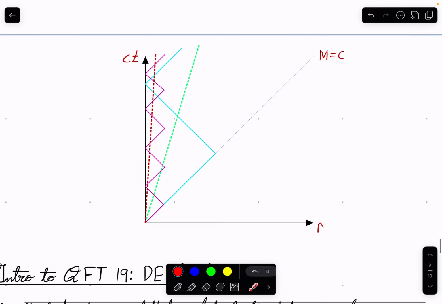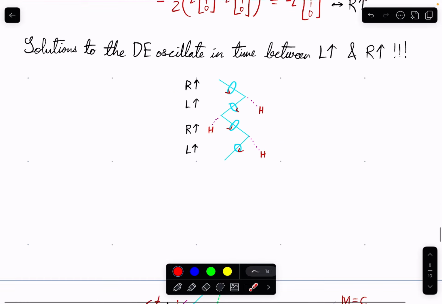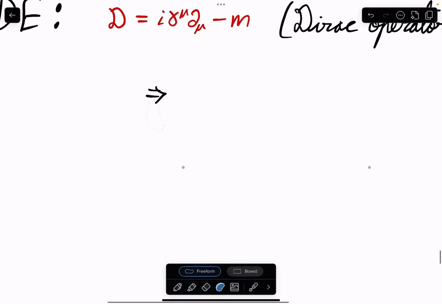And if you remember before, the Dirac equation is just this i gamma mu partial mu and then m. So if you were to subtract this over here, then you just get this operator times psi. This implies that the Dirac equation can be rewritten as this.